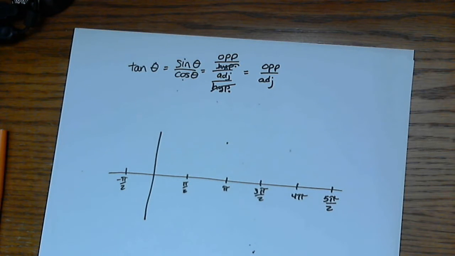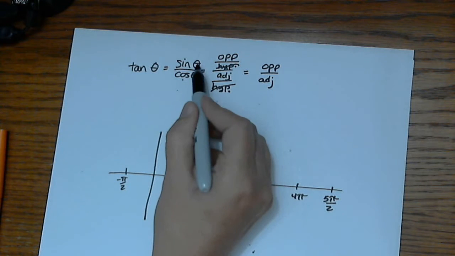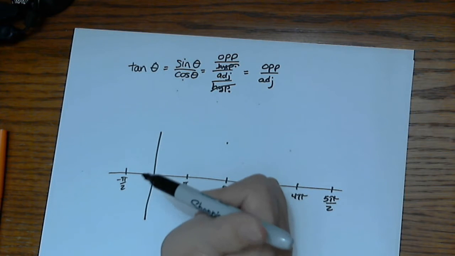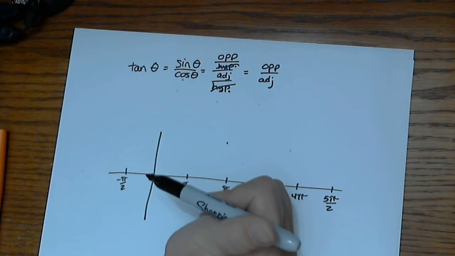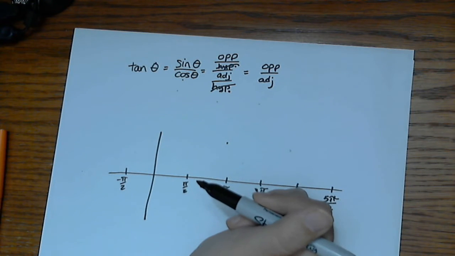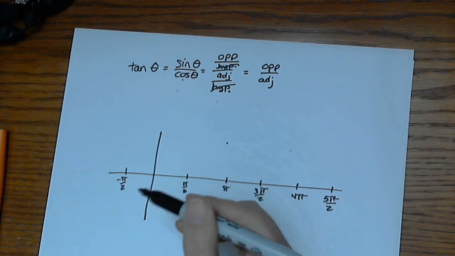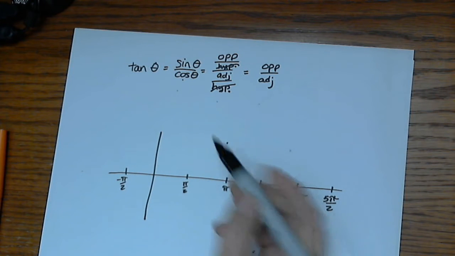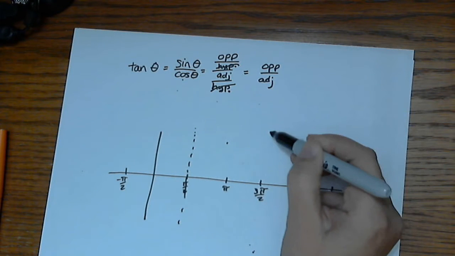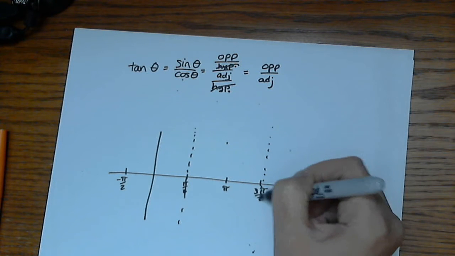Now you can get a table of values by taking the sine of theta divided by the cosine of theta. You can also pop tangent of a particular angle into your calculator to get decimal approximations. But what you'll find is that with tangent, you're going to come up with something called asymptotes.